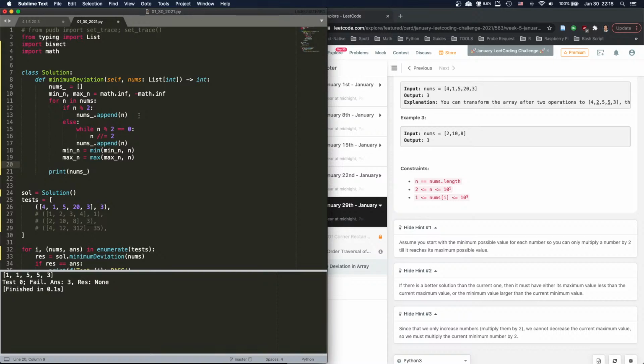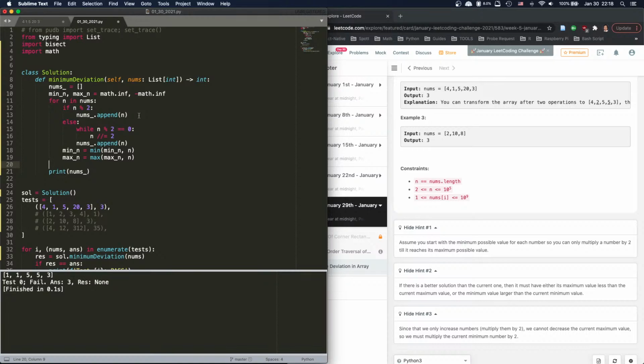So we multiply by 2 and see if it's better. Record it, then find a new mean value and new max value, and we stop when we cannot multiply anymore, and we have to find the new mean value, and that will shrink it.